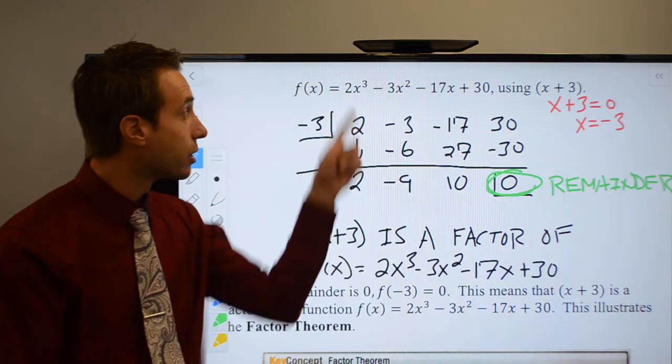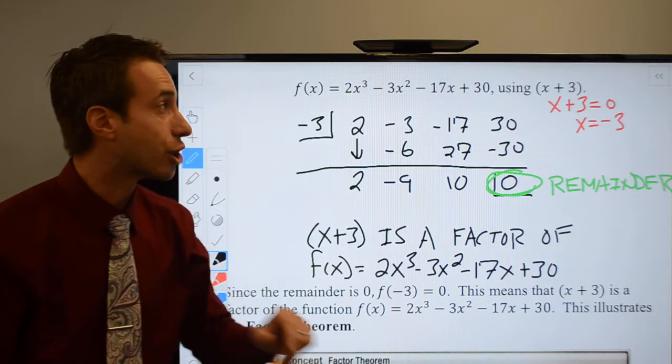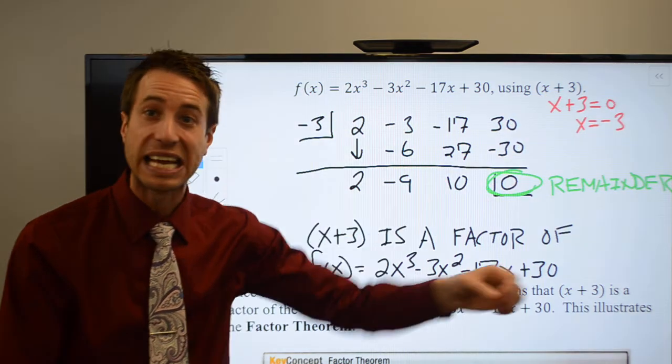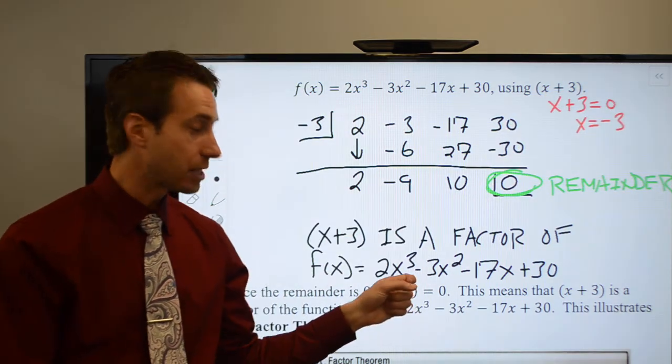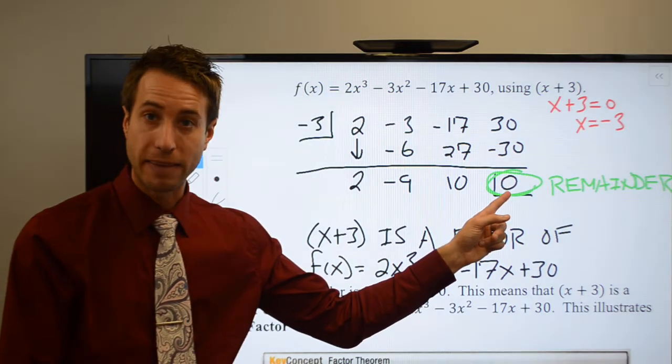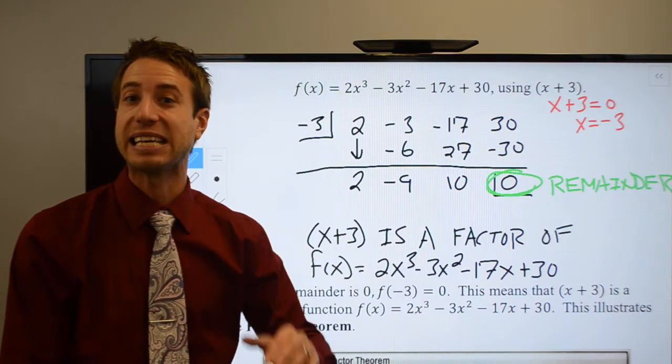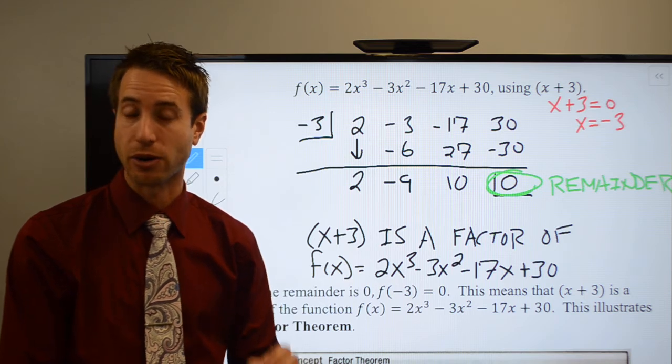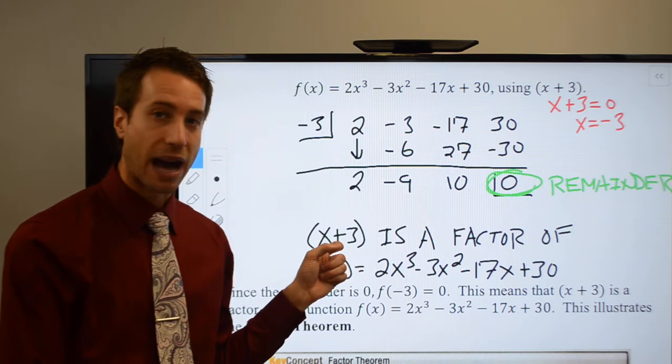This polynomial right here, the polynomial that I gave you, it turns out x plus 3 is one of this polynomial's factors. And you know that because you got a remainder of 0. They're evenly divisible by one another. And when that happens, you have a factor.